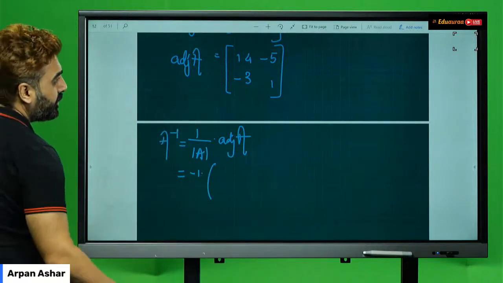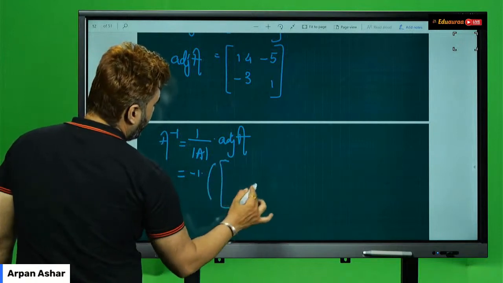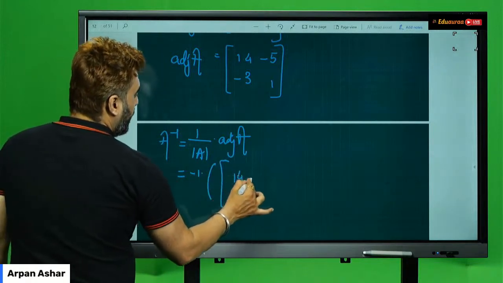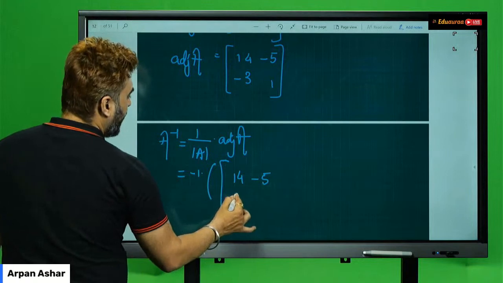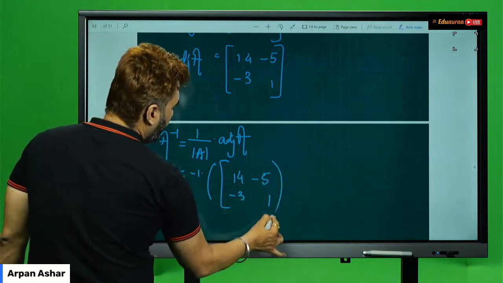Adjoint of A मिला ये matrix, that is 14 -5 -3 और 1.